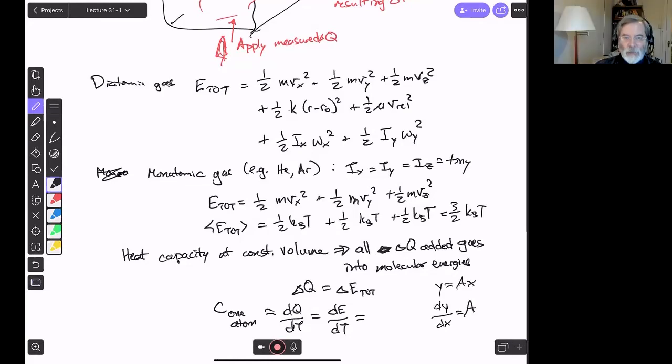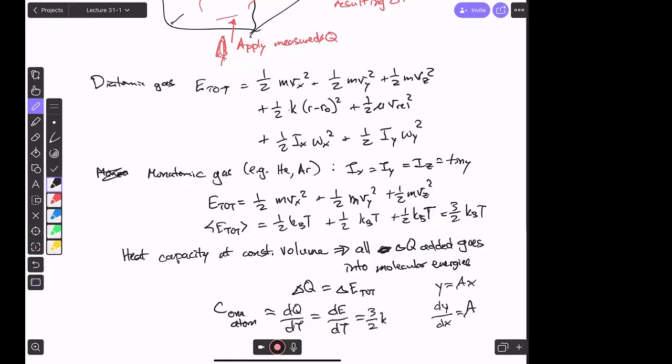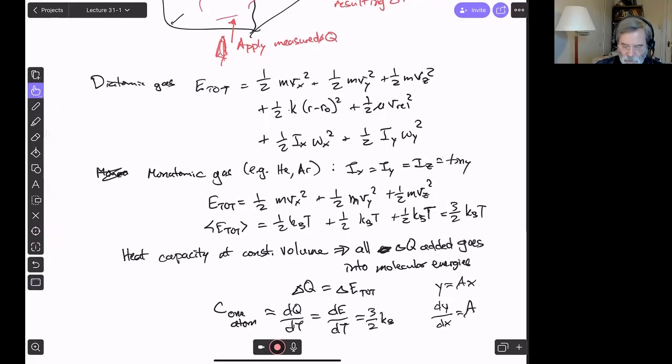So if we use the same way of thinking, E is 3/2 kBT, and 3/2 kB is just a constant. So what's the derivative of E with respect to T? It's just 3/2 kB. So that's the heat capacity of a single atom.